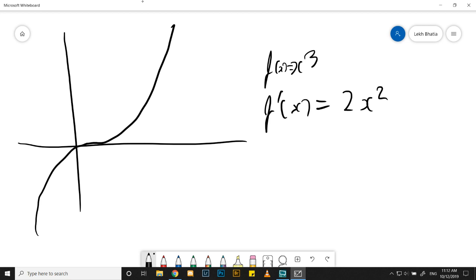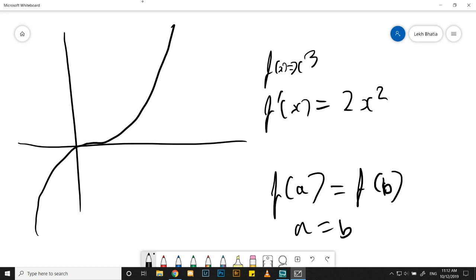Another way to check if something is always increasing, which we looked at before in the functions topic, is to check if f of a is equal to f of b, then a is equal to b. That just says that it never goes back down. It never makes a turn. For any y value, there's never going to be two different x values.